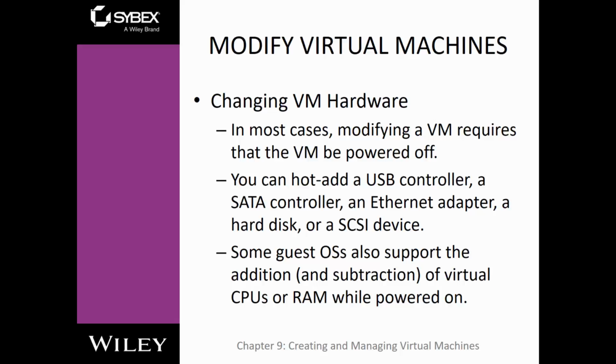Any type of hardware that is natively hot swappable should also be able to be modified while the VM is running. For example, SCSI and SATA and network adapters should be able to be added when the machine is on. Same thing with USB type devices. Some guest operating systems, again, do support the appropriate CPU and RAM when features are enabled in vCenter.